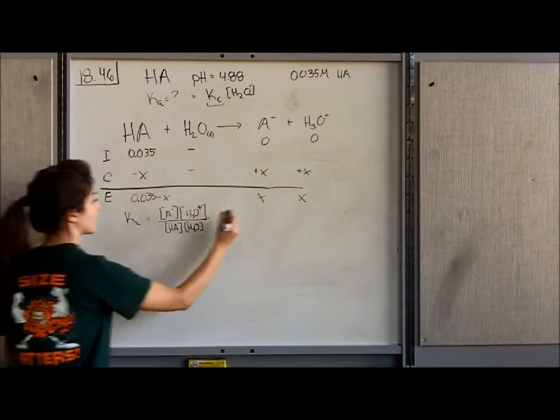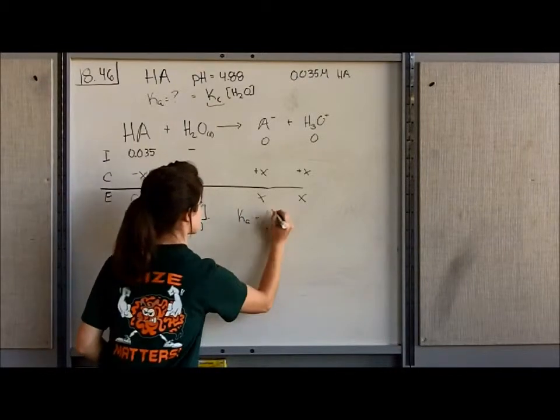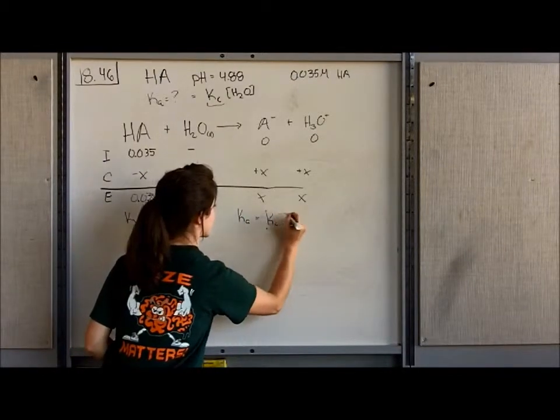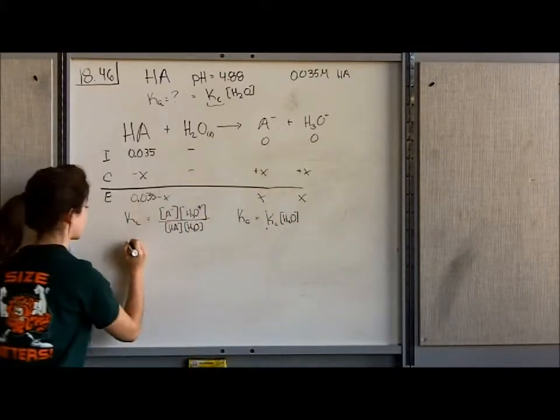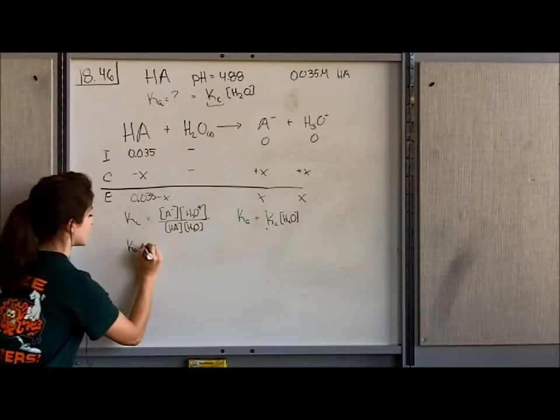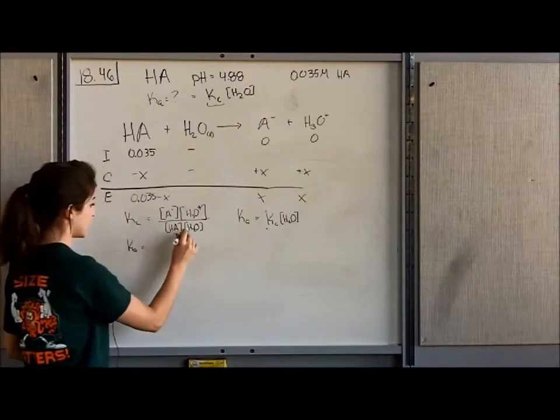Now we know Ka is equal to Kc, the equilibrium constant, times the concentration of water. So if we want to find Ka from Kc, we just multiply this by H2O, which would cancel out the water.